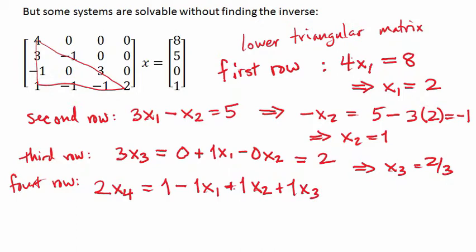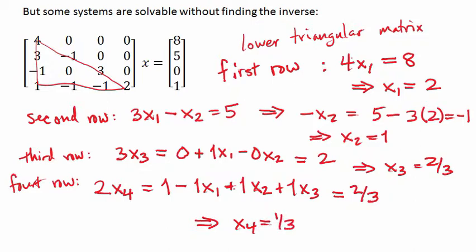All carried over from the left-hand side to the right. So I have 1 minus 2 is negative 1, plus 1 is 0, plus 2/3 is 2/3. And so that tells us that x4 must be equal to 1/3.